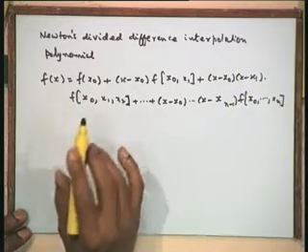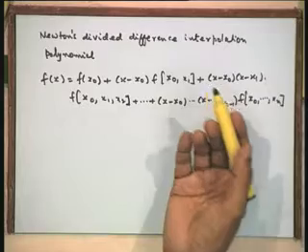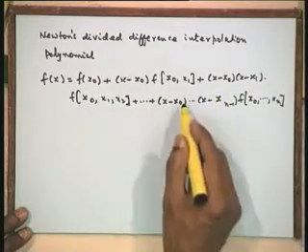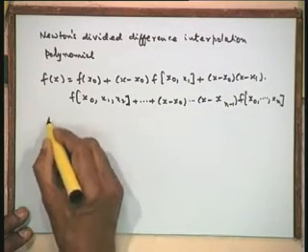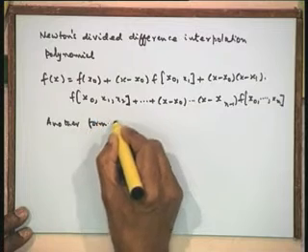Now, we have said that the interpolating polynomial is unique. Therefore, if you simplify this, it will be the same as the Lagrange interpolating polynomial, because we cannot get two polynomials; it is only another form of the Lagrange interpolating polynomial.